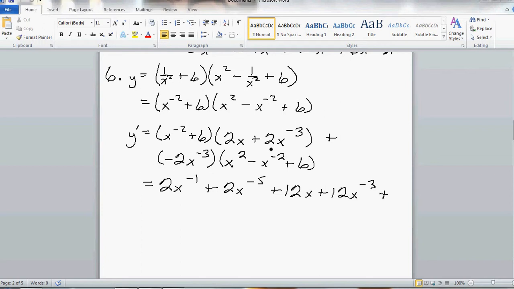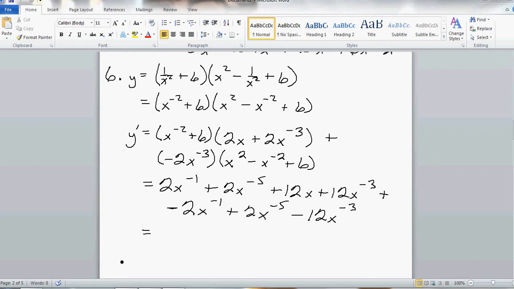Plus, now, here, this is just a distribution. I need to take negative 2x to the negative 3 times everything here. So that's going to become a negative 2x to the negative 1. A positive 2x to the negative 5. And a negative 12x to the negative 3.